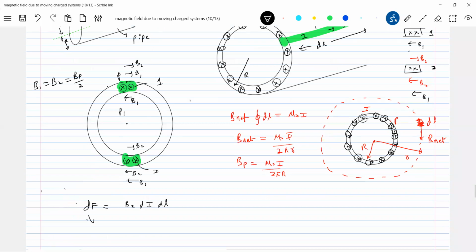If you are able to write this, the rest is very easy. The force experienced by strip 1 due to the field produced by strip 2.